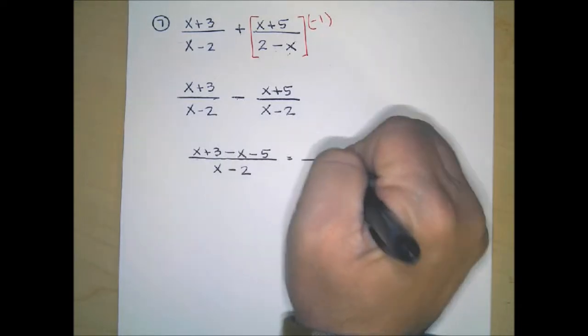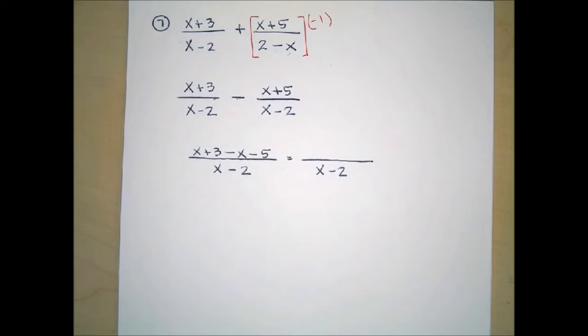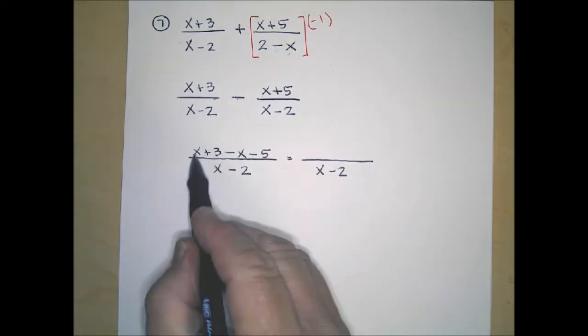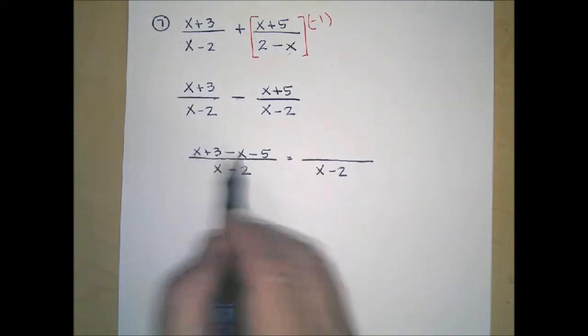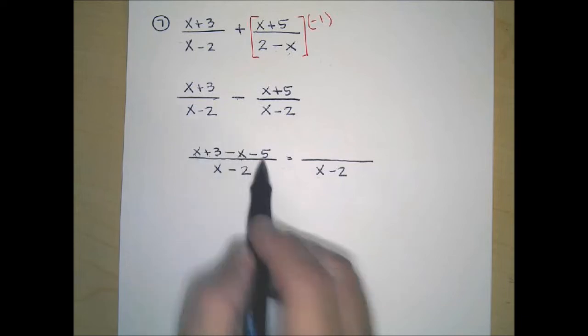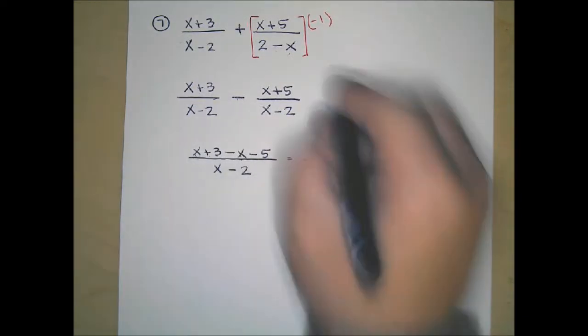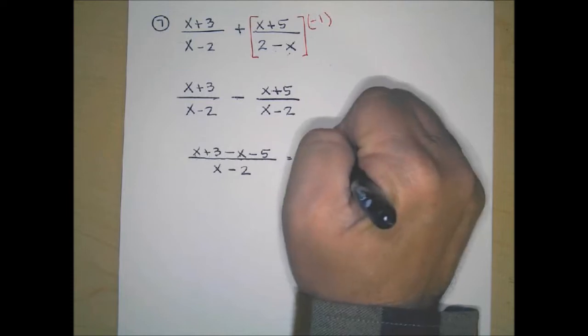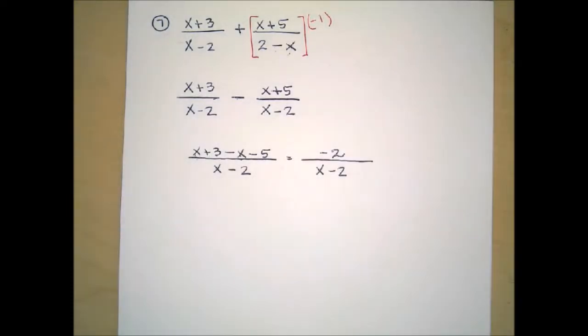So x minus 2 is definitely my denominator. This x plus that negative x cancels each other out, and 3 minus 5 is simply -2. So that's the answer to that problem.